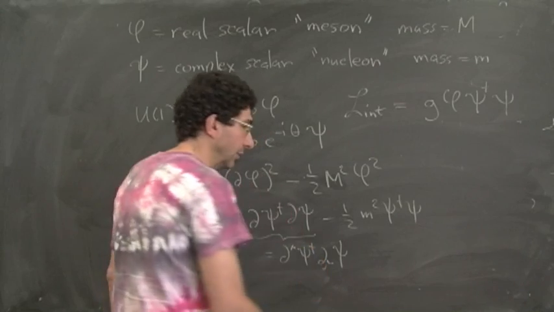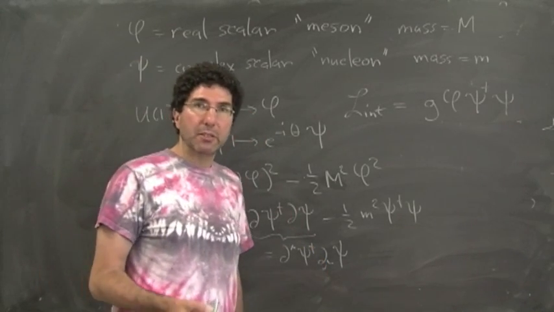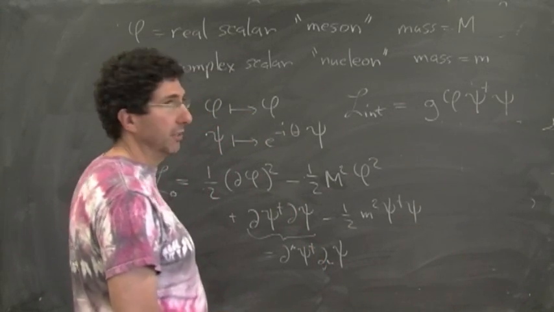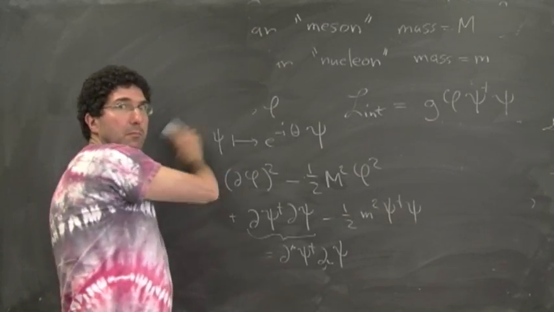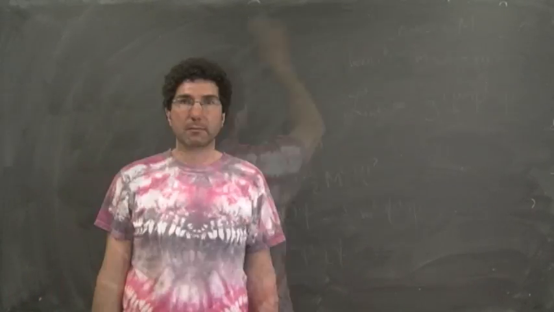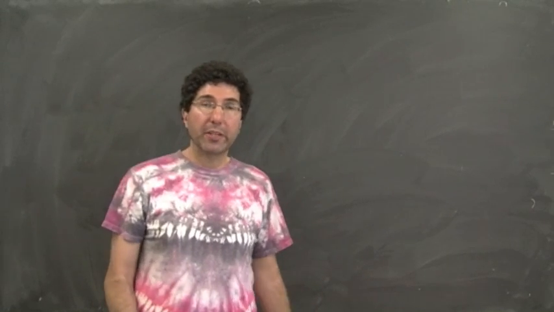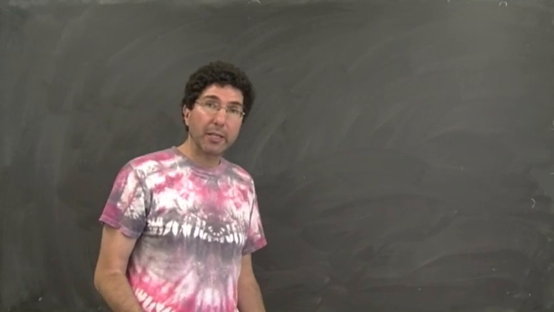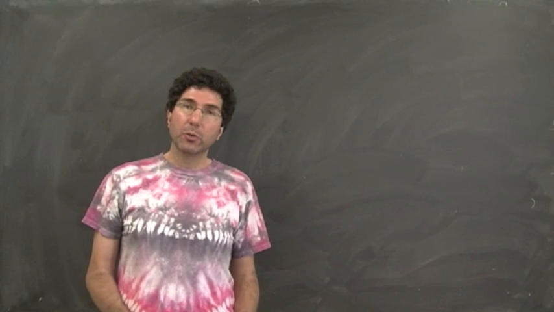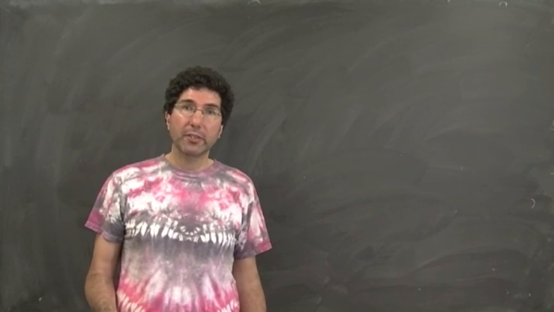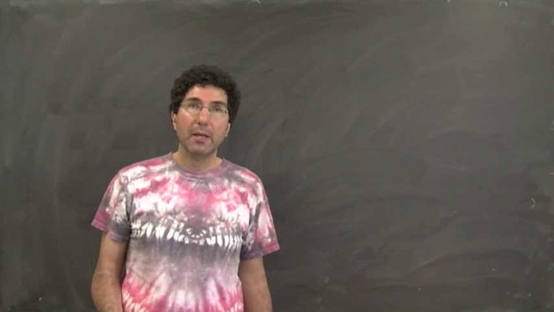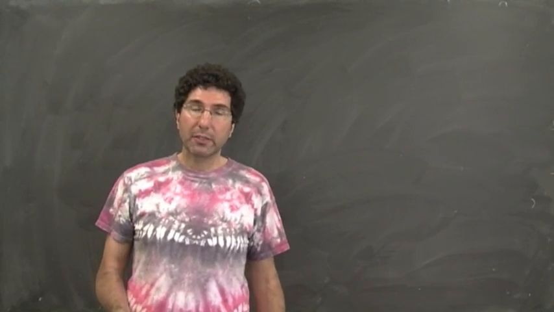Now, before we calculate anything, let's do a little bit of dimensional analysis on this theory, okay? So remember that we're using units where ħ and c are both 1, and so in these units, the only kind of dimensional quantity that we have is mass, okay? And so let's practice counting powers of mass.